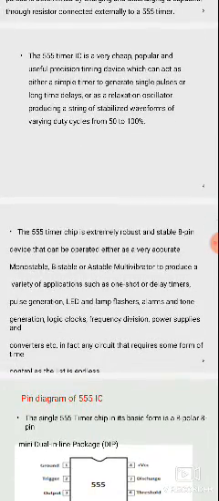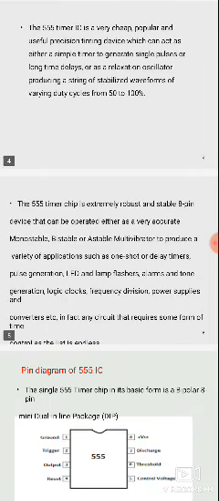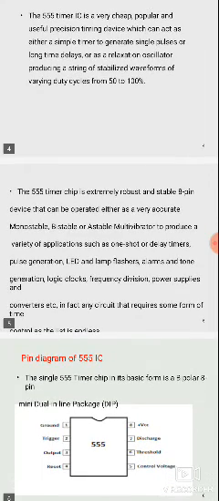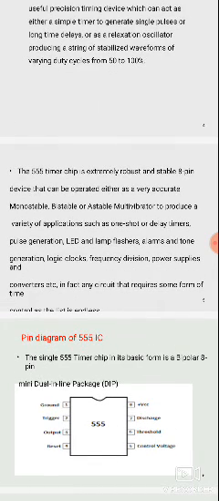Next, the 555 timer chip is an extremely stable 8-pin device. Normally ICs are available in three packages. The first package is DIP, which stands for dual inline package. Another one is the metal can package.